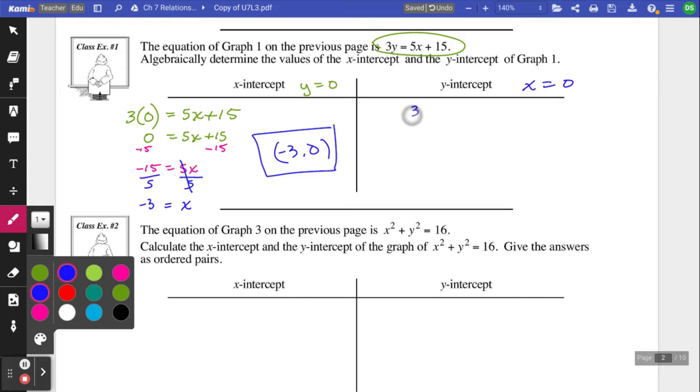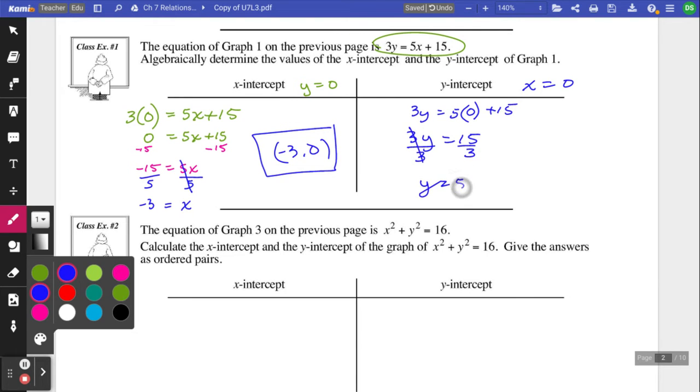So you're going to go 3y equals 5. Everywhere you see an x, you put a 0. And you end up with 3y equals 15. Next step? Looking for the y, so see the number in front of the y? Get rid of the number in front of the y. How do we do that? We're going to divide by the 3.